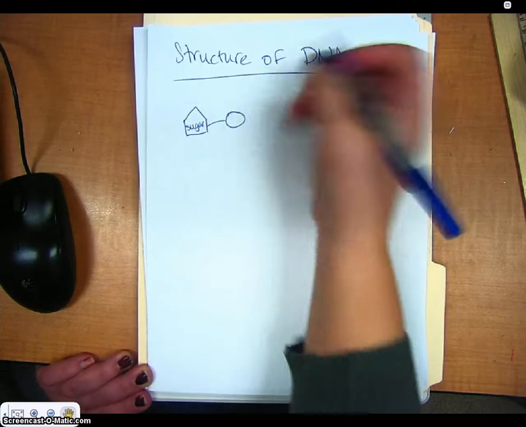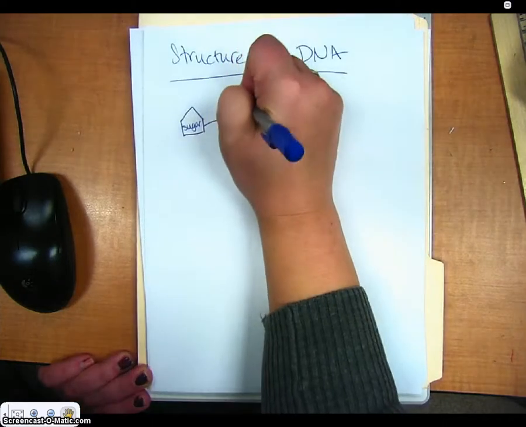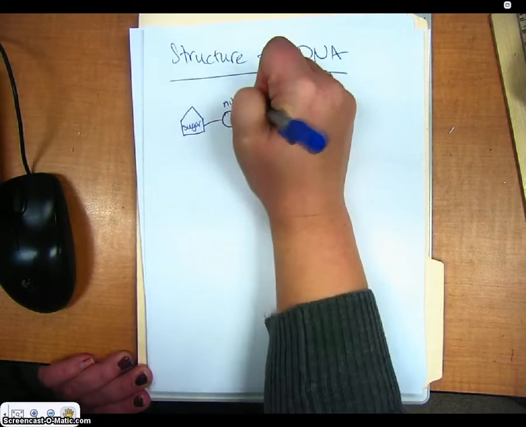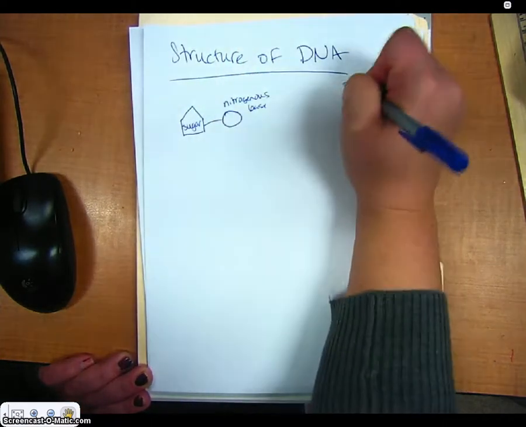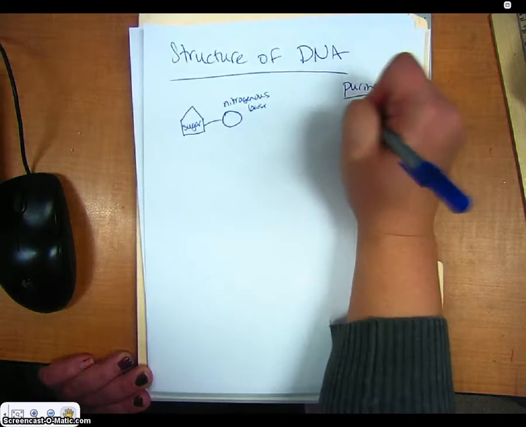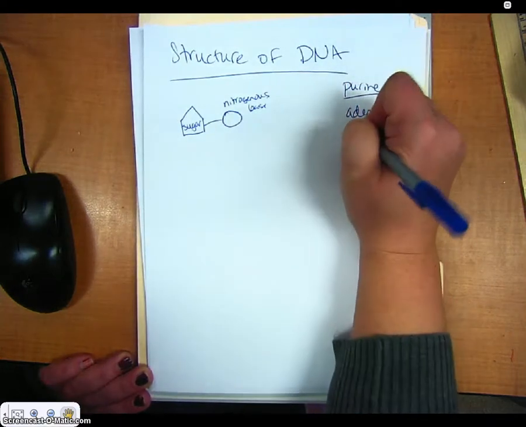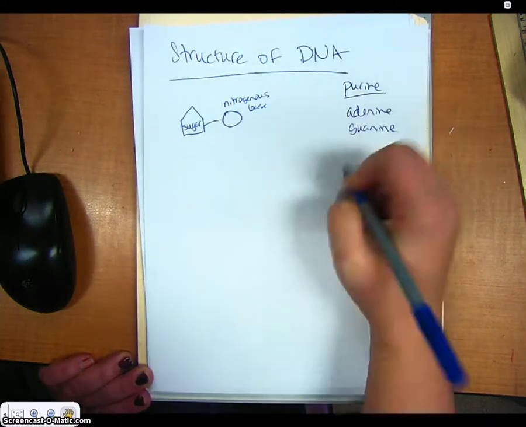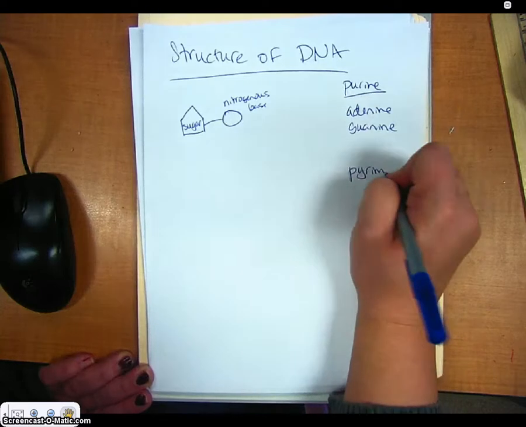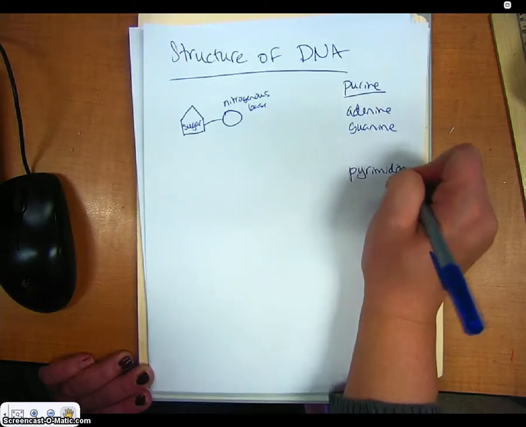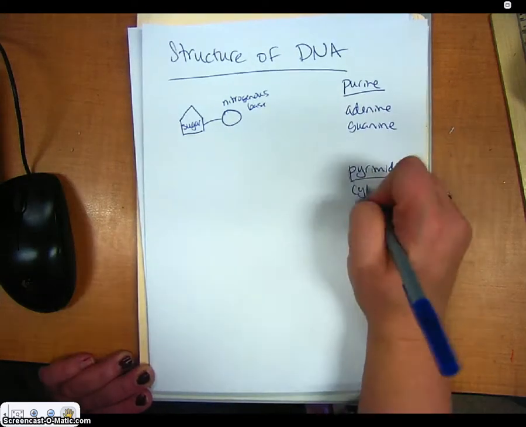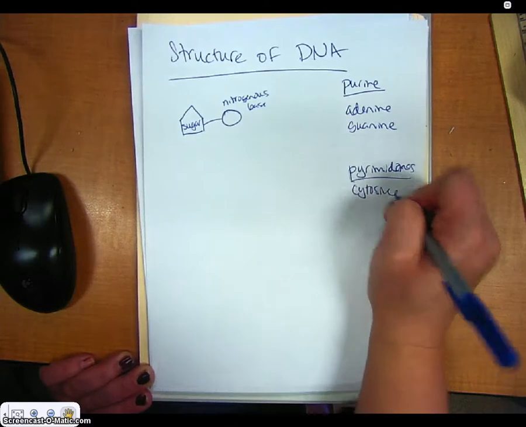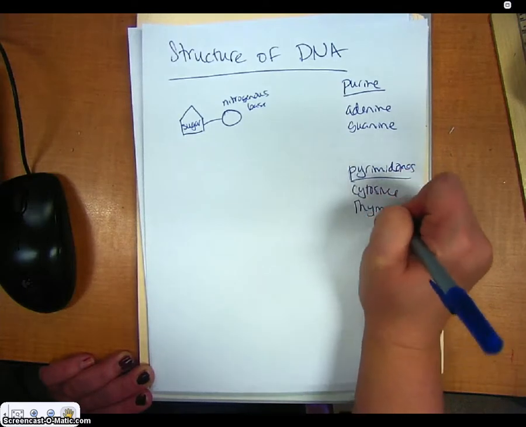And then there is a nitrogenous base that's either a purine or a pyrimidine. Purines are either adenine or guanine, and pyrimidines are cytosine and thymine.